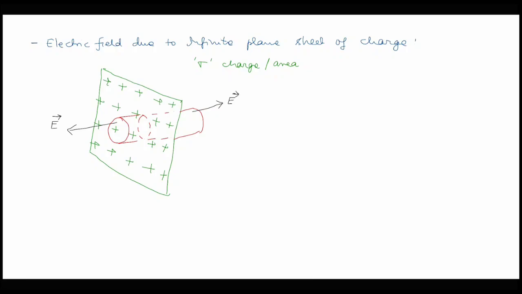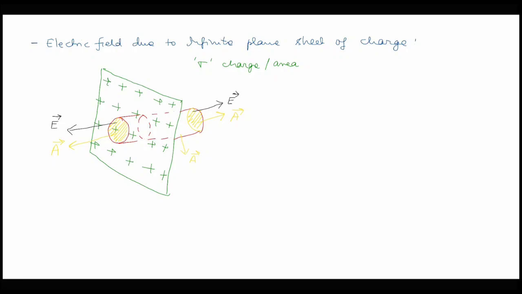And if we consider the area vector for this cylinder or the pillbox, the top surface will have the area vector in the direction of electric field, and the back end is also having the area vector in the direction of electric field, and the curved surface is such that the area vector is perpendicular to the direction of electric field.